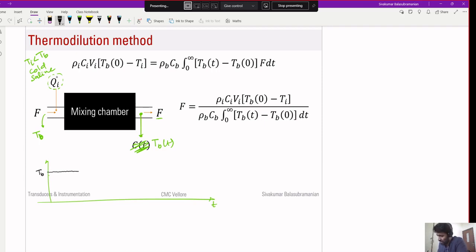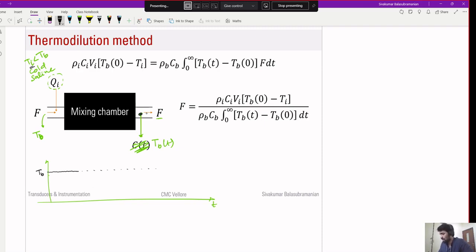Right? Now, let's say you introduce a bolus of cold saline at temperature Ti, which is lower than TB. What will happen to the curve TB? Will it keep continuing like this? What would the shape of the curve look like for TB versus time at this point?